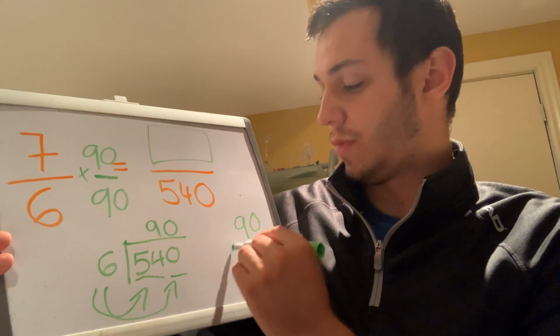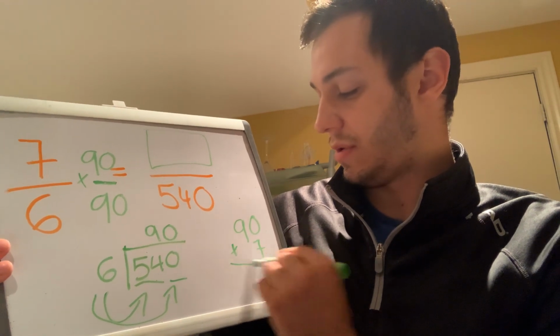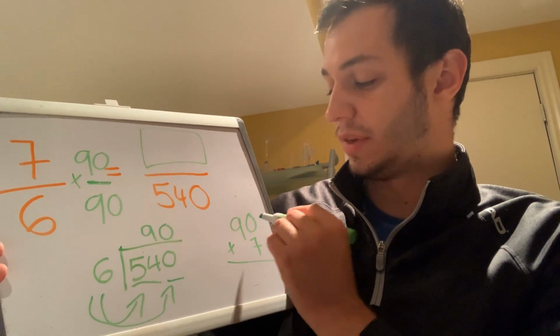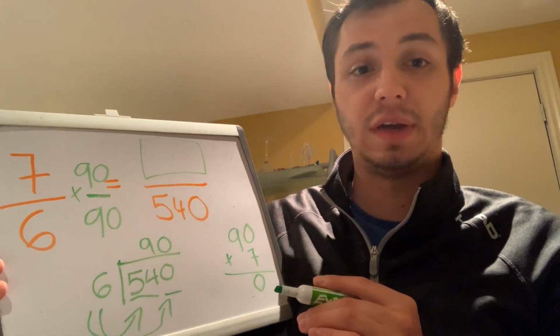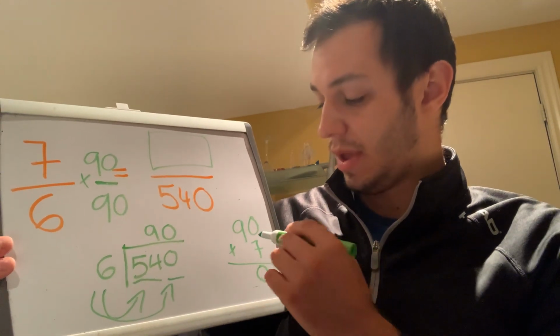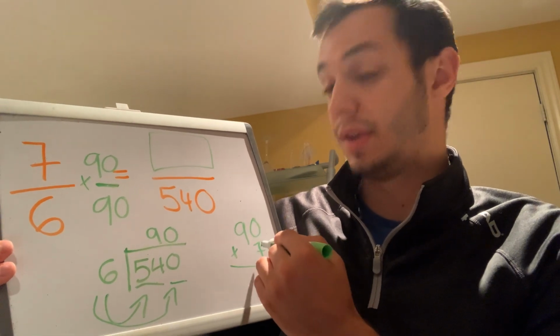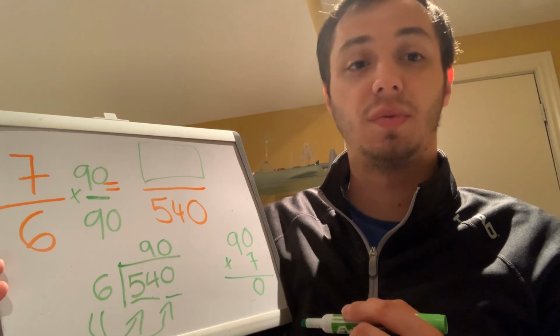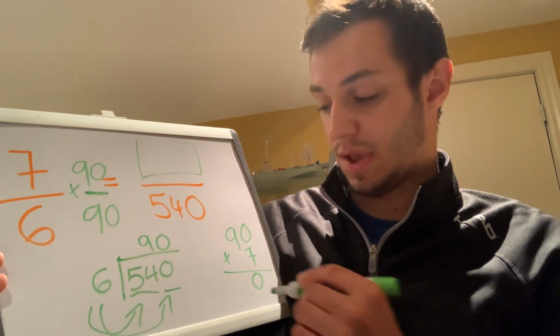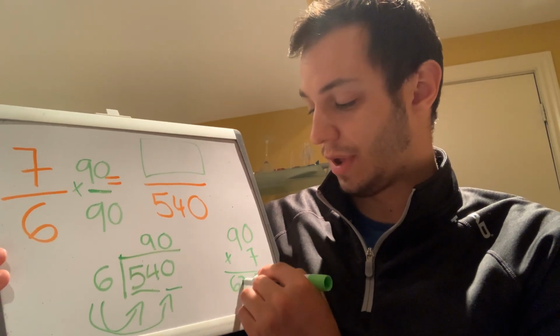90 multiplied by 7. 7 multiplied by 0 is 0. Remember that any number multiplied by 0 will give us 0. And now we have to multiply 9 and 7. So you can either skip count by 9s, or you can use your multiplication chart. We know that that will give us 63.